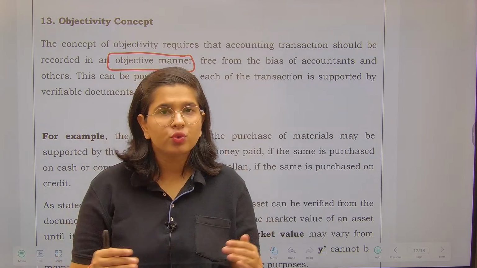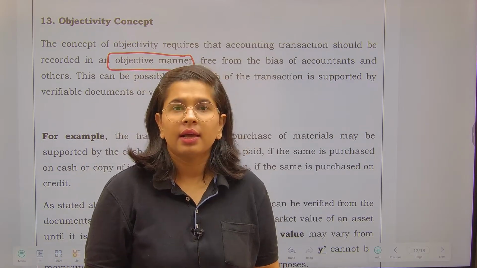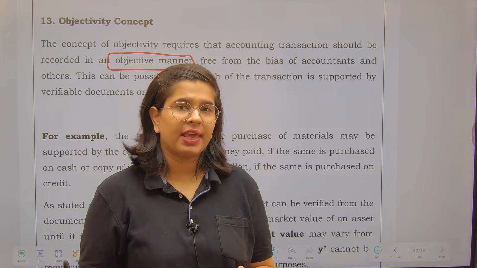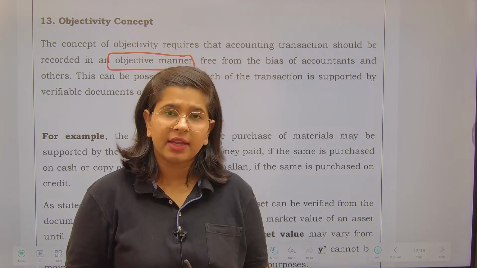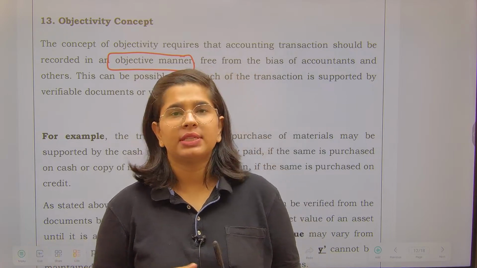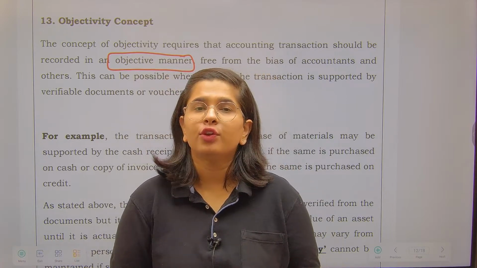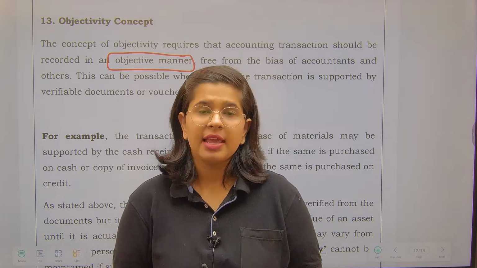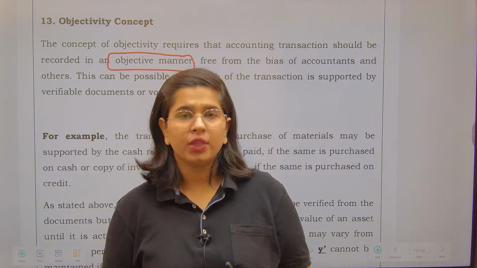जो जैसा है उसको वैसा ही शो करना. Correct? There is no falsification, there is no tinkering with the records, etc. So suppose I have purchased raw material for my business worth rupees 10 lakhs. Correct? So I have to show this.